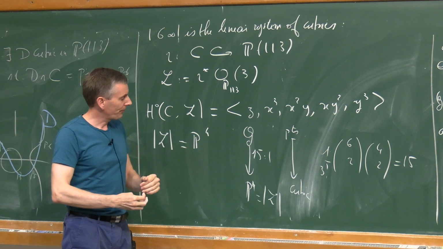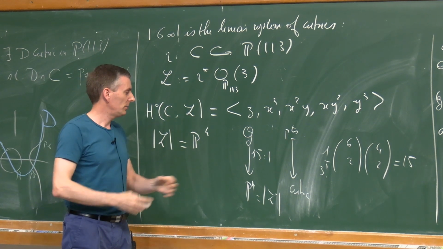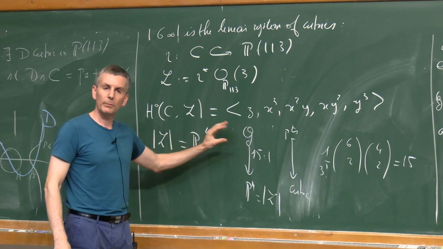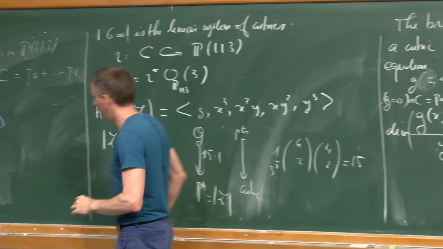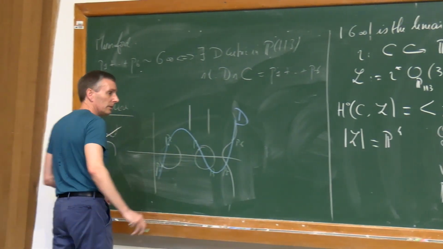So the idea that is still in project is to deform this covering to get 1 more parameter. For the moment, we don't have it, because what we have is a dream.